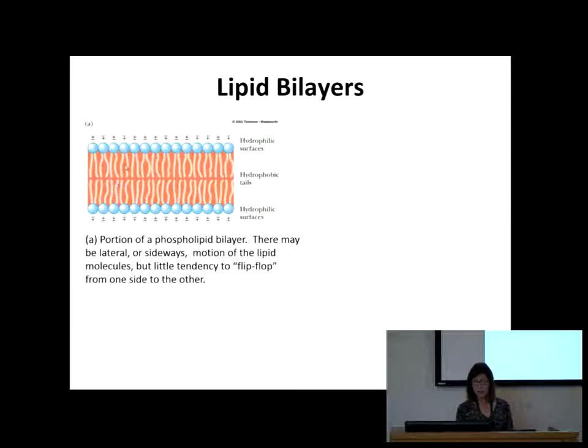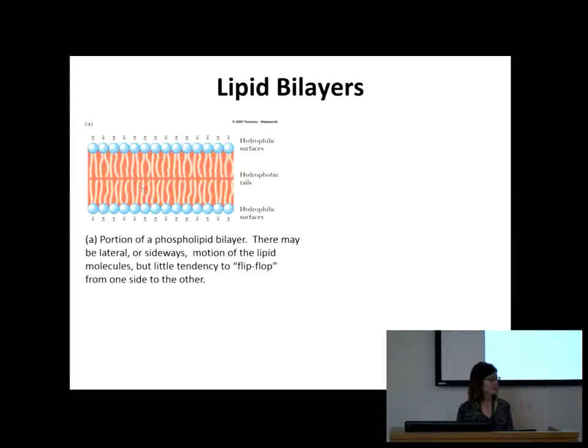Now, one important thing about the lipid bilayer is that because this interaction keeping these guys together is very weak, we can have an action going right to left of these. So see this guy, this one, and say this one? They're not always going to be opposite each other.